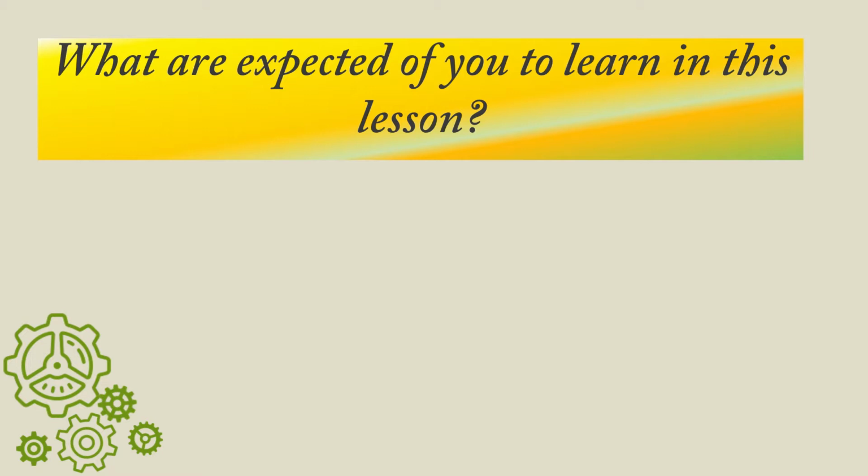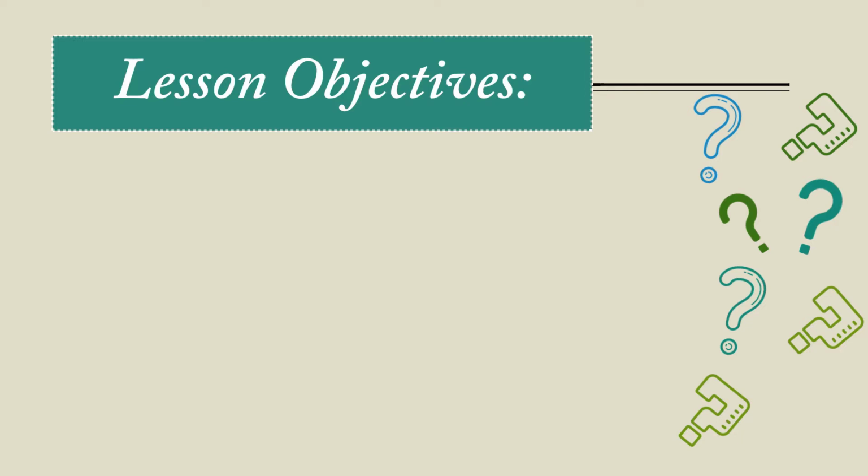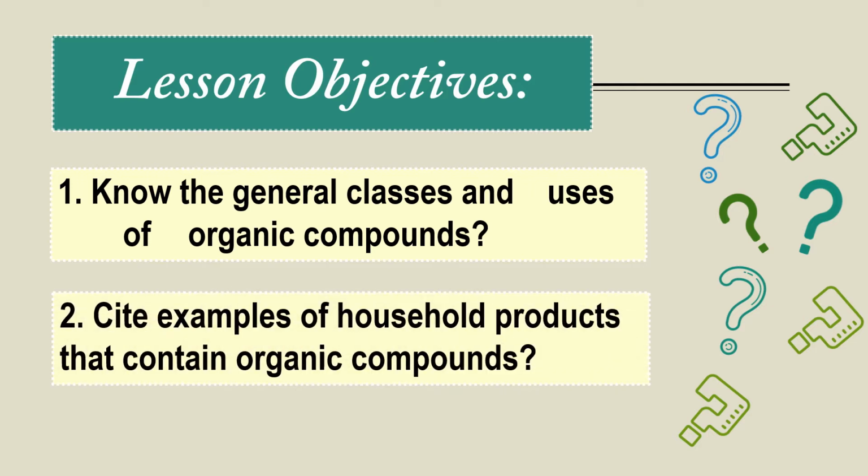For this lesson, it is expected that you should be able to recognize the general classes and uses of organic compounds. The objectives of this lesson are for you to know the general classes and uses of organic compounds. Cite examples of household products that contain organic compounds.